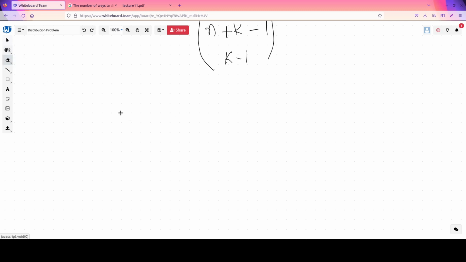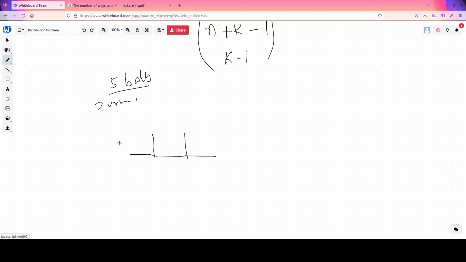Okay, so we have again the k urns, so we have to draw the k urns here, or let's say 3 urns, and there are 5 balls, right, and 3 urns, and it says that none of the urns is empty.